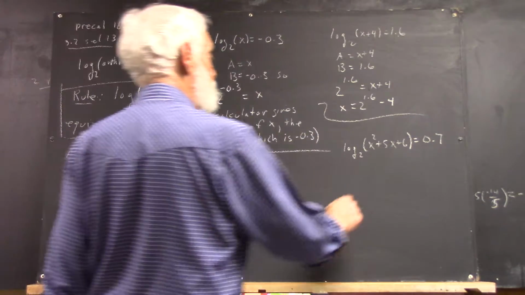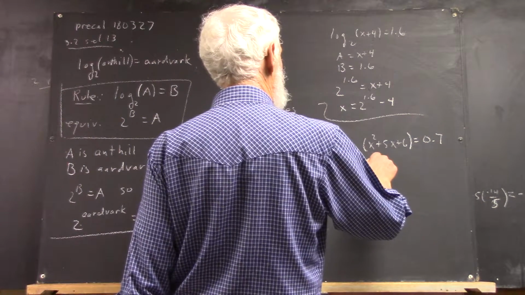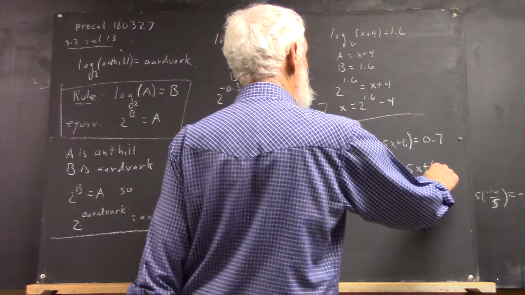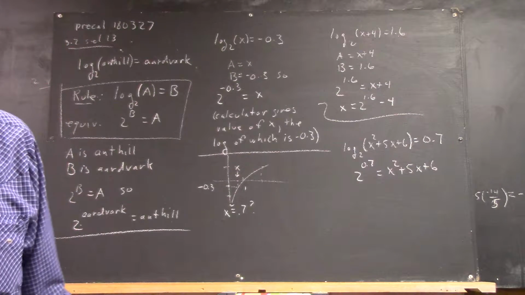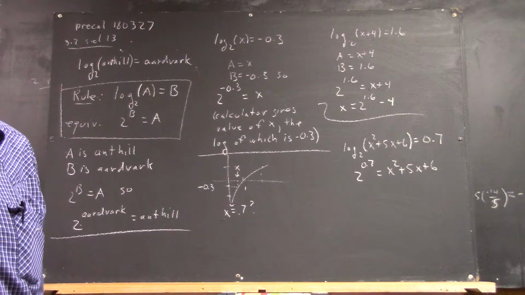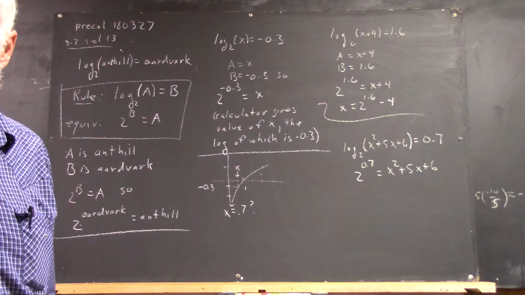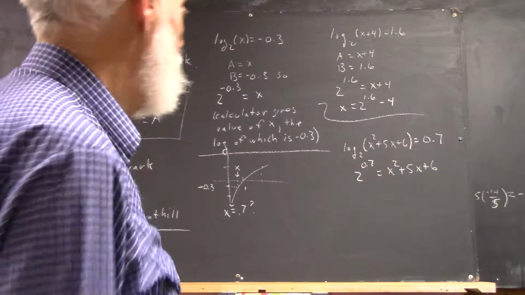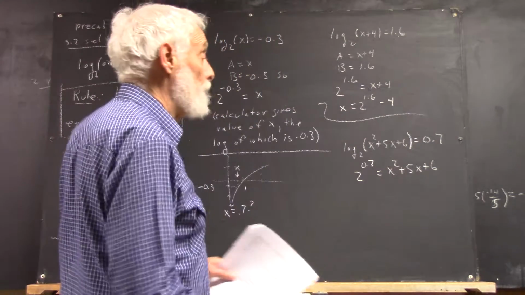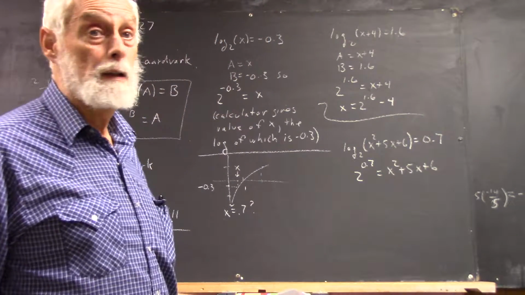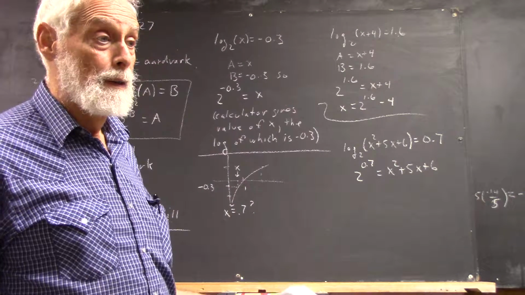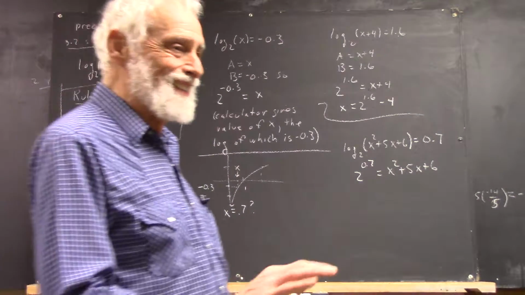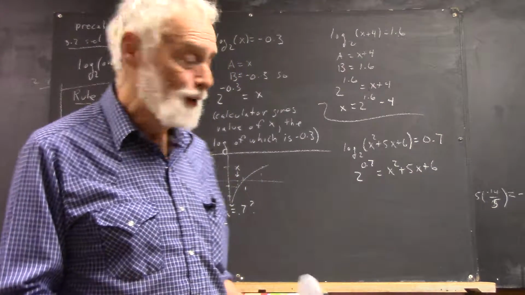You get 2 raised to 0.7 equals x squared plus 5x plus 6. Then what do you do? Find 2 to the 0.7. What I'm going to do is put it in the form of a standard quadratic. You just subtract 6 from both sides? No, you would not subtract 6 from both sides. You subtract the 2 to the 0.7.